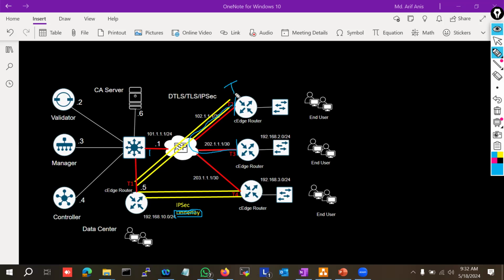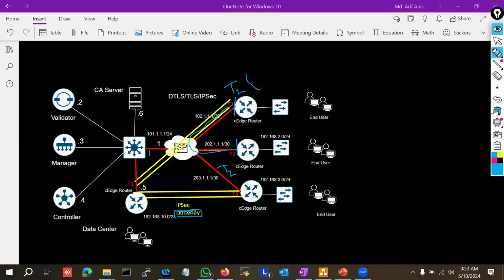In SD-WAN, we call the WAN interface a transport, and the transport is identified by the TLOC, or transport locator. This transport locator is formed using three parameters of SD-WAN, which are the system IP, the color, and the encapsulation protocol like IPsec or GRE.